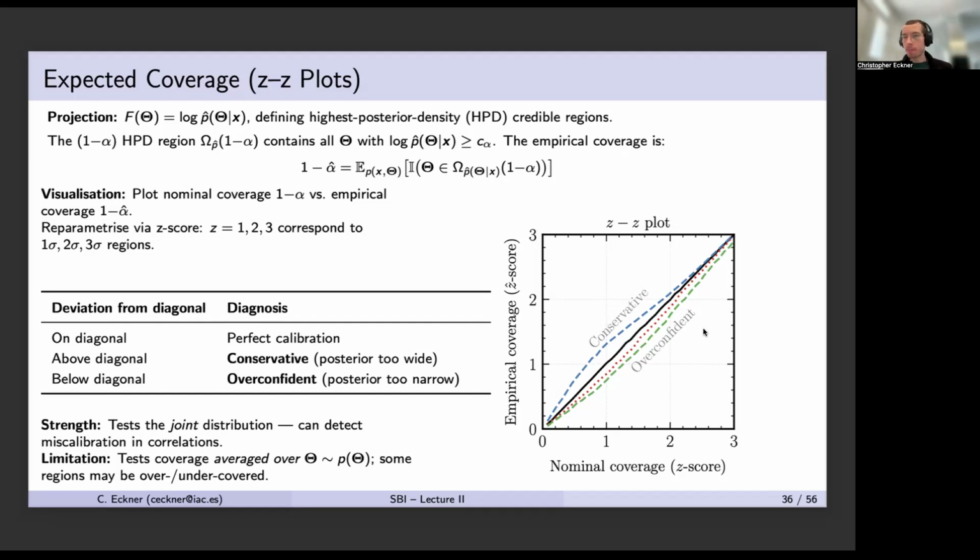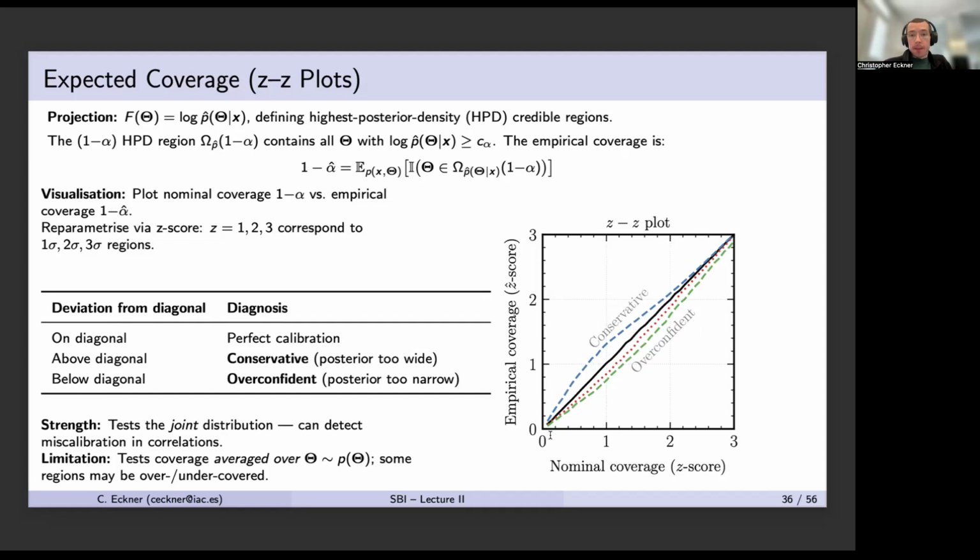And this is exactly what you would check with this coverage test. So it gives you an empirical measure of how well your posteriors behave as a Bayesian posterior if you repeat this experiment many, many times.